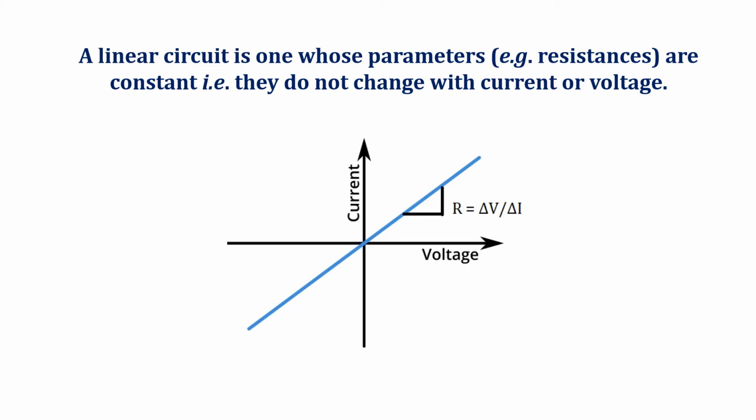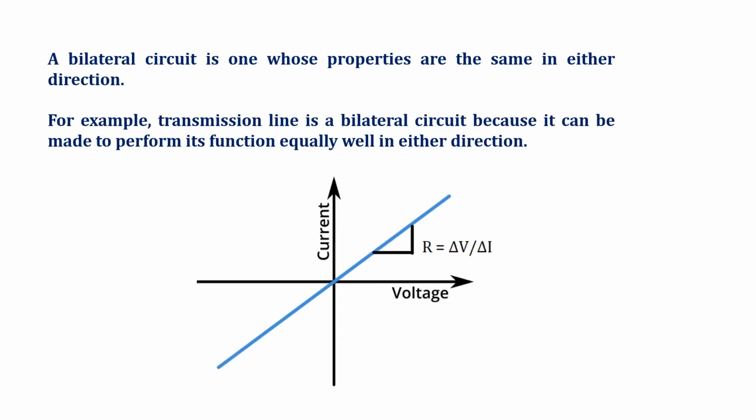The second term is bilateral element or bilateral circuit. A bilateral circuit is one whose properties are the same in either direction. An example is a transmission line, which is a bilateral circuit because it can be made to perform its function equally well in either direction. So you can see in this characteristic, in quadrant 1, the resistance value is given.